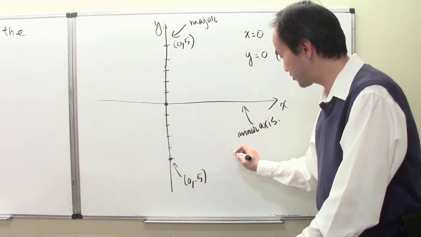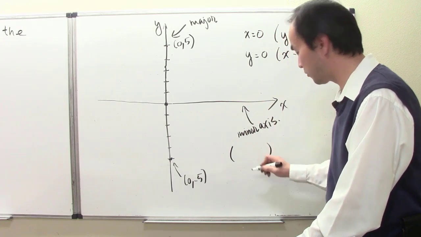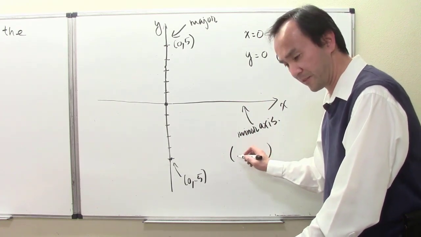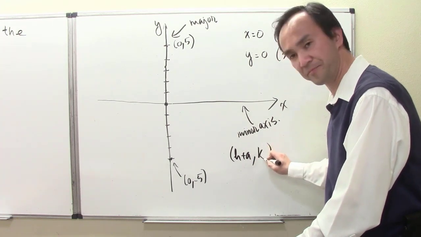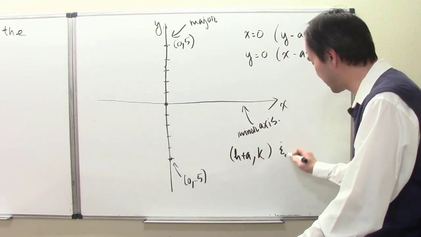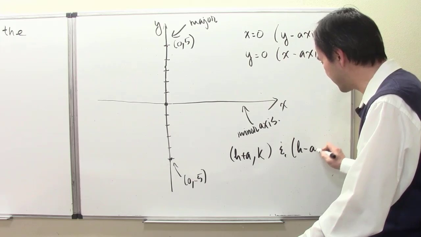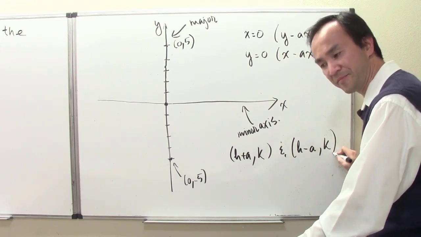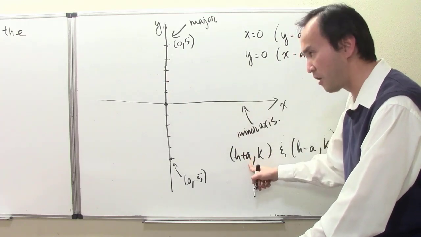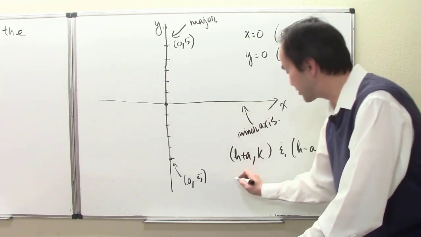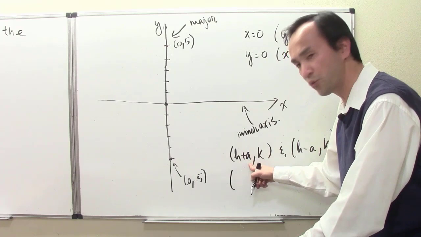So the intercepts have the following coordinates: (h + a, k), and the other point, (h − a, k). Again, h and a are listed on the other board. So 0 for h and 3 for a.